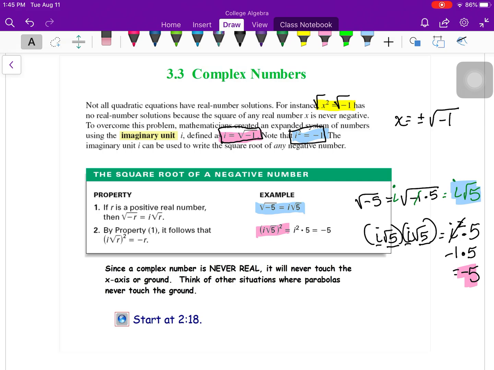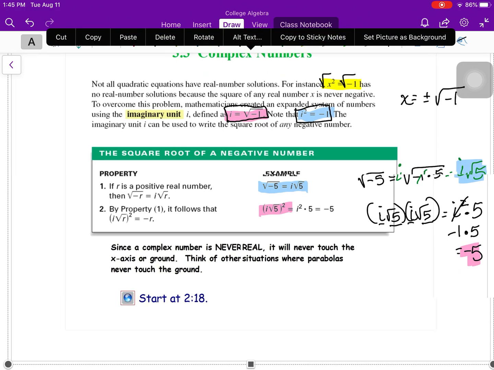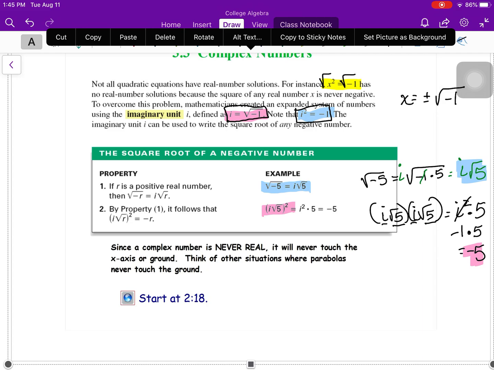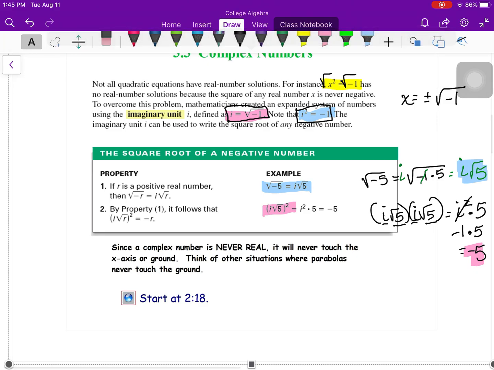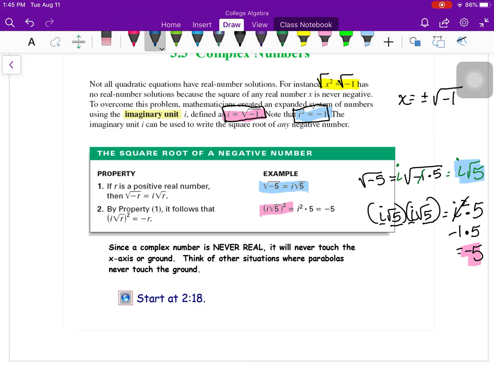Since complex numbers are never real, it will never touch the x-axis. An example of that is bungee jumping. When you bungee jump, you never touch the ground.